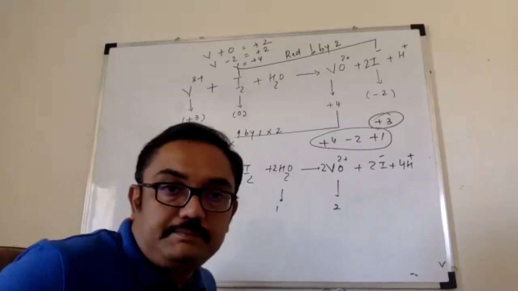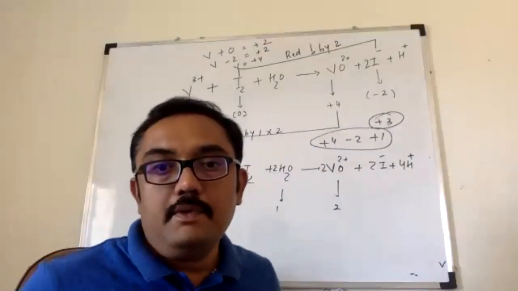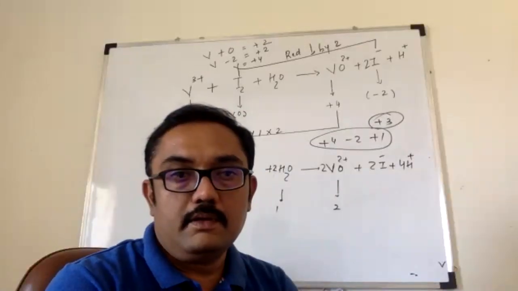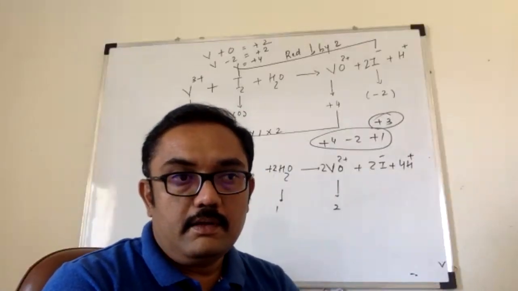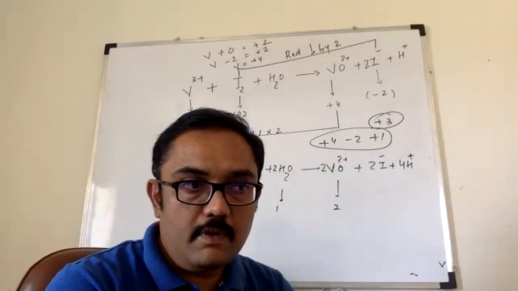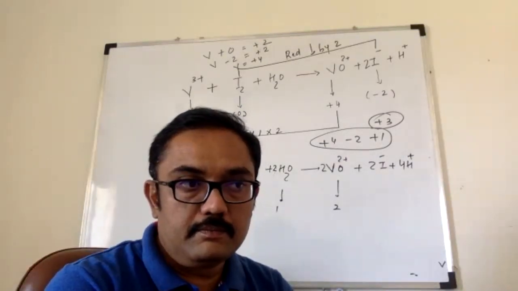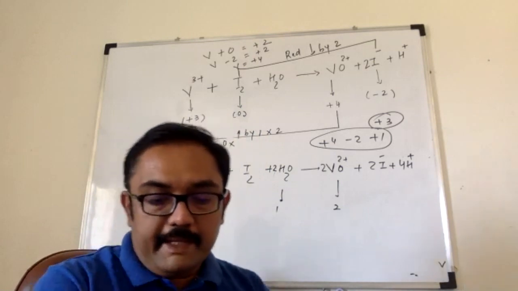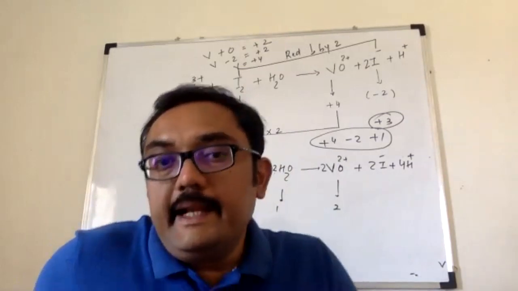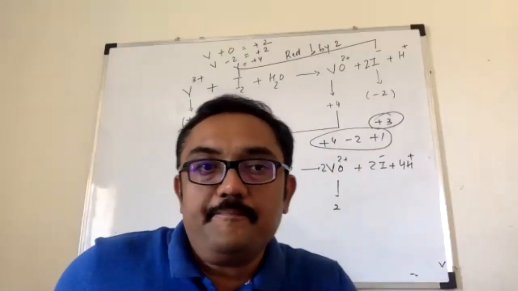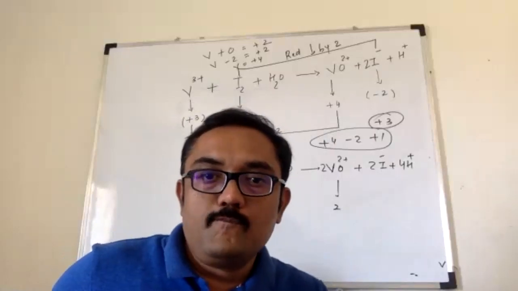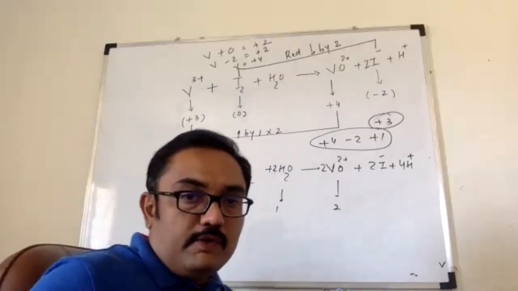Manganate ion reacts with oxalate ion. Manganate ion is MnO4 minus. Do you know what is oxalate ion?